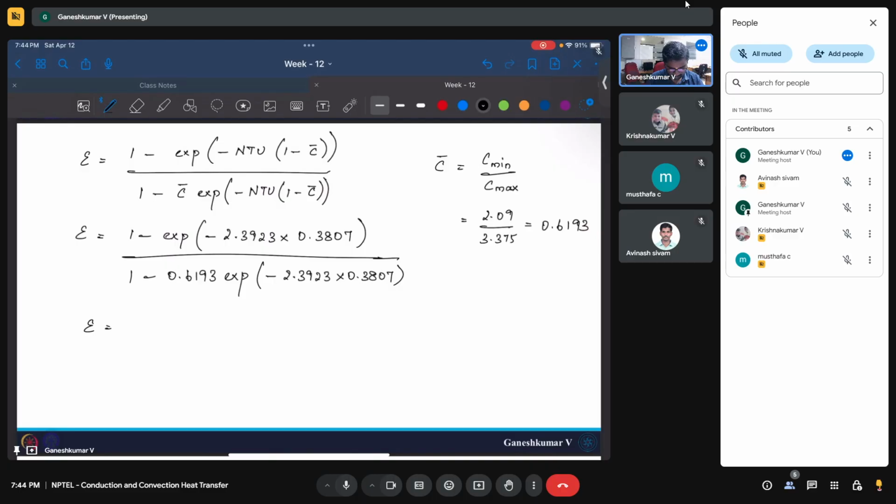This exponential is coming out to be 0.402218.